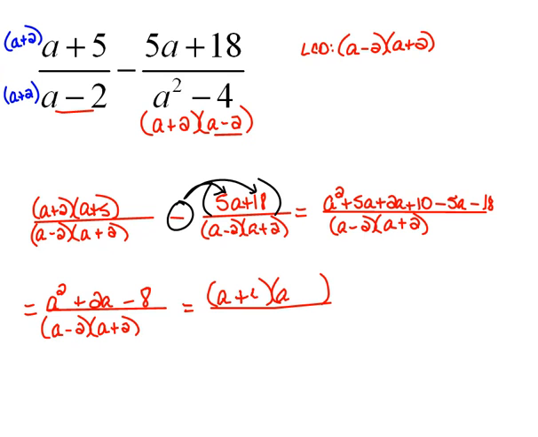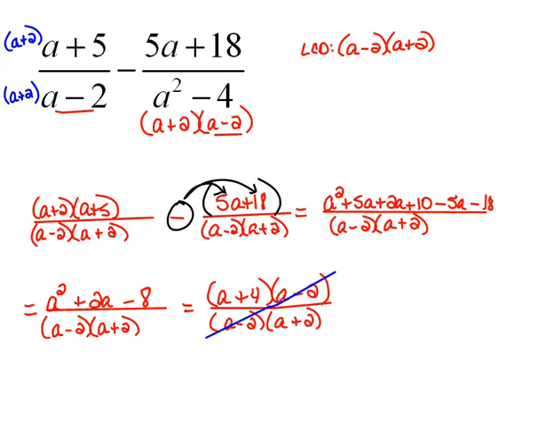So probably a plus 4, a minus 2. Those would multiply together to get negative 8, but plus 4 minus 2 would give us a plus 2 in the middle. Alright, all over that common denominator, which was a minus 2, a plus 2. And now we can see that we've got a common a minus 2 on the top and the bottom.